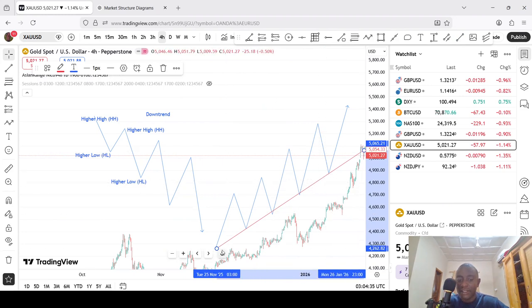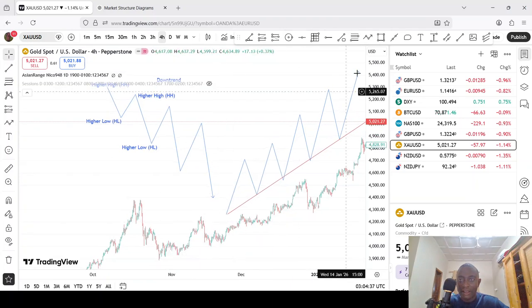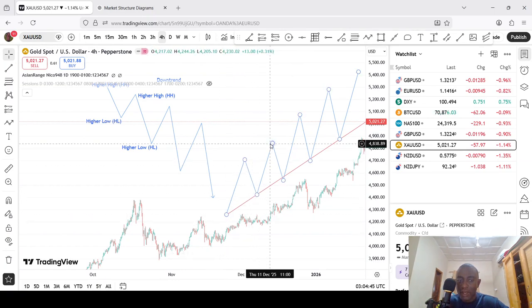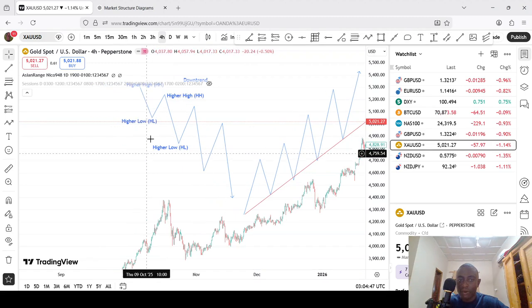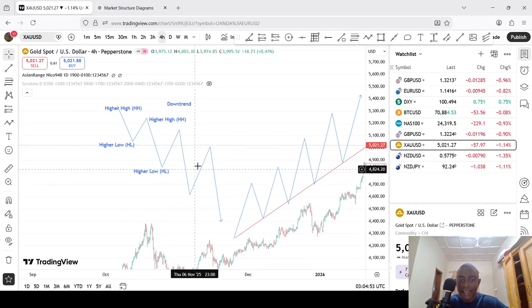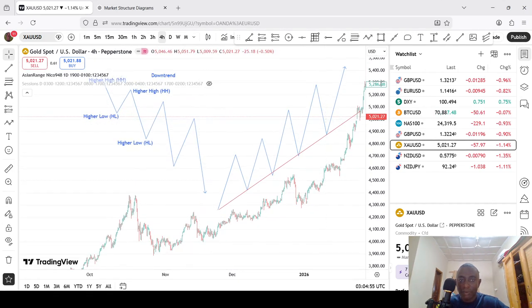Price is making lower high, lower low, lower high, lower low, lower high. This one, because we are coming from the high: higher high, higher low, higher high, higher low. Okay, so the same thing applies here.